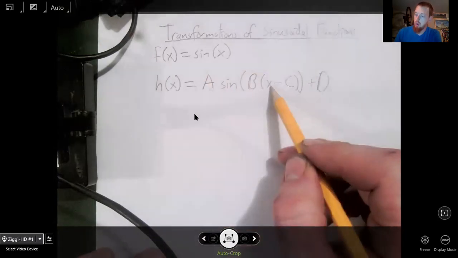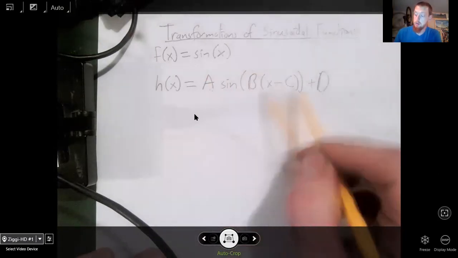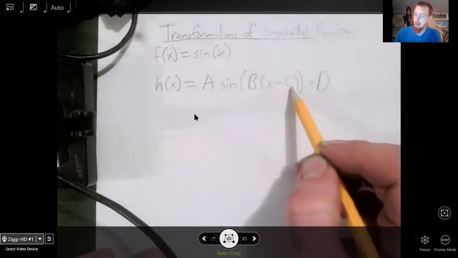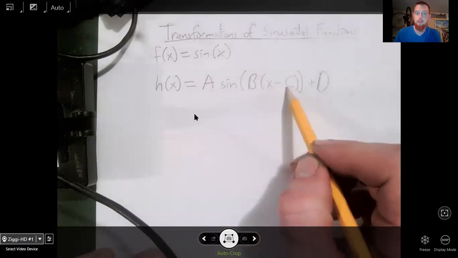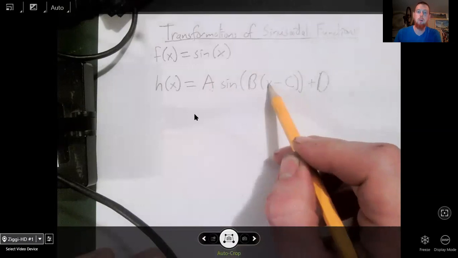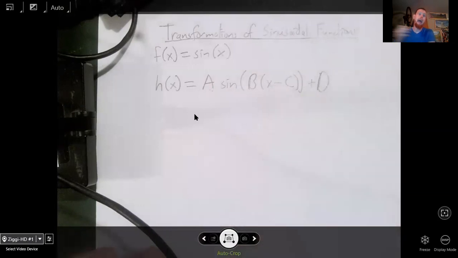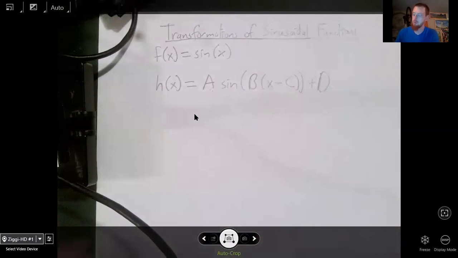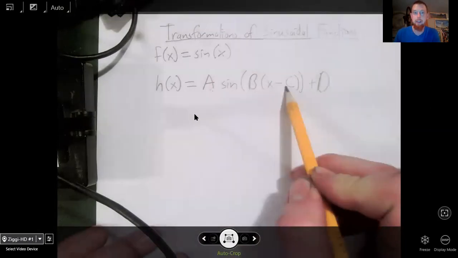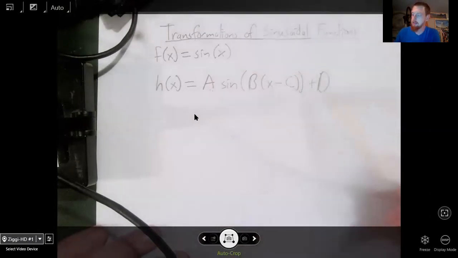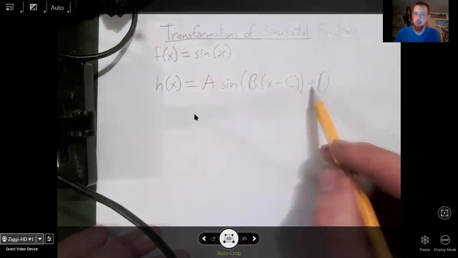I can also, inside another set of parentheses, either subtract a value from x, from the angle, or I can add a value to x, which would be like subtracting a negative value for c. And then the last thing that I can do is I can add some number to the end of the whole graph.